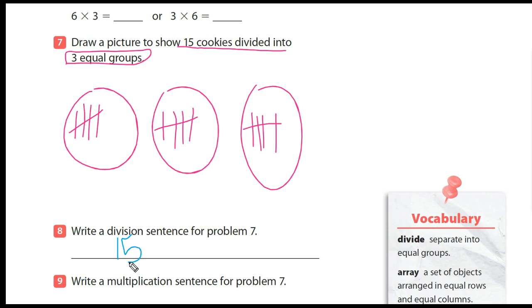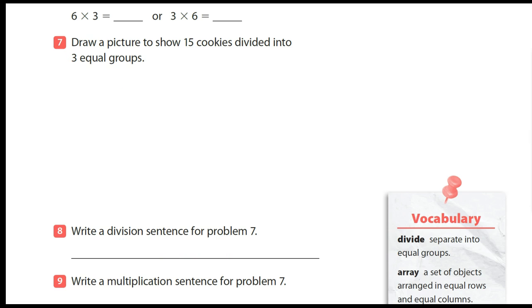What else? Divided by, I need the division sign. Divided by 3 equal groups. And I get 5. Then it says for me to write a multiplication sentence.